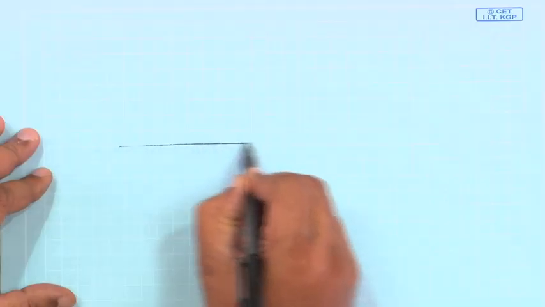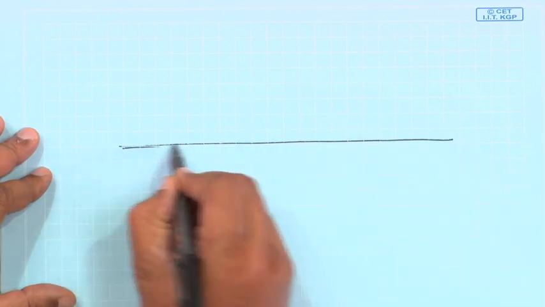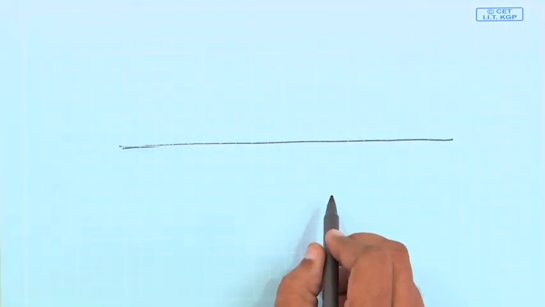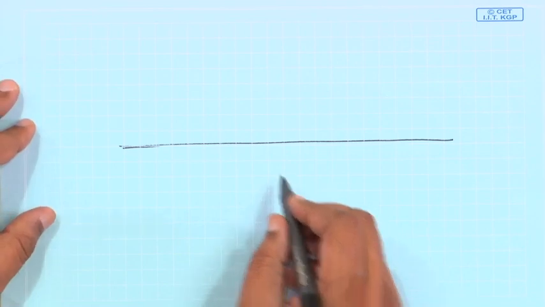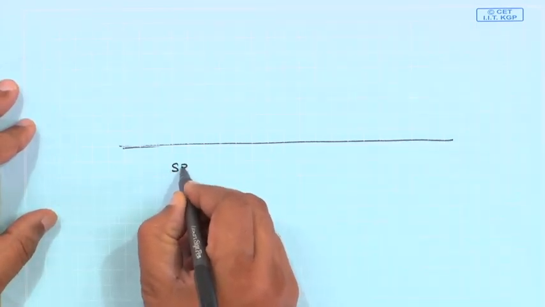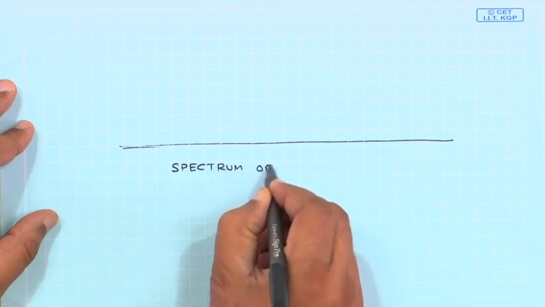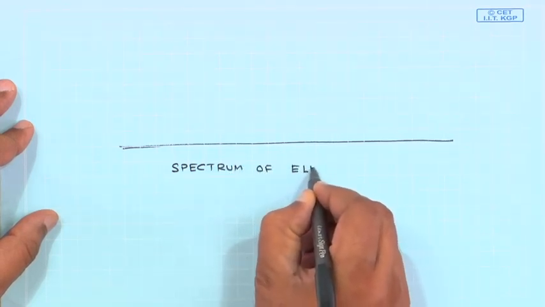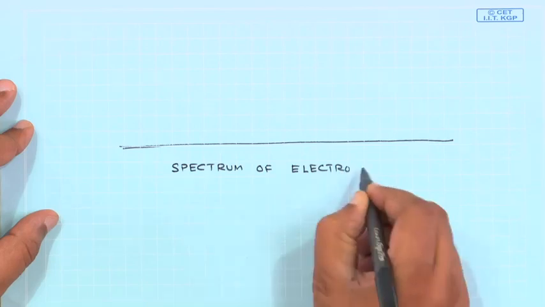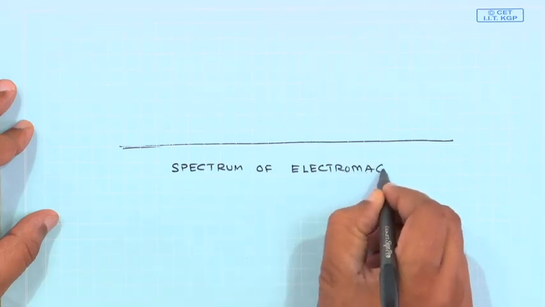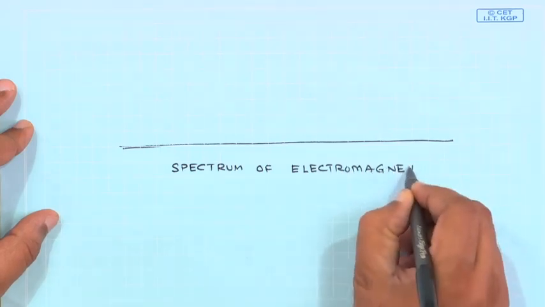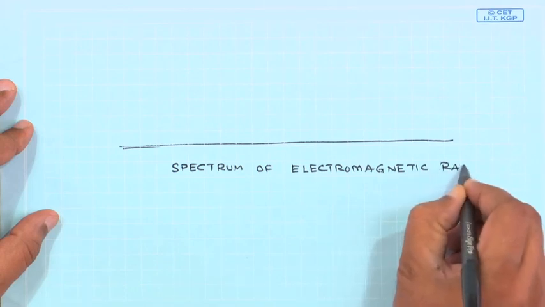If I draw that profile over here, this is the spectrum of electromagnetic radiation.